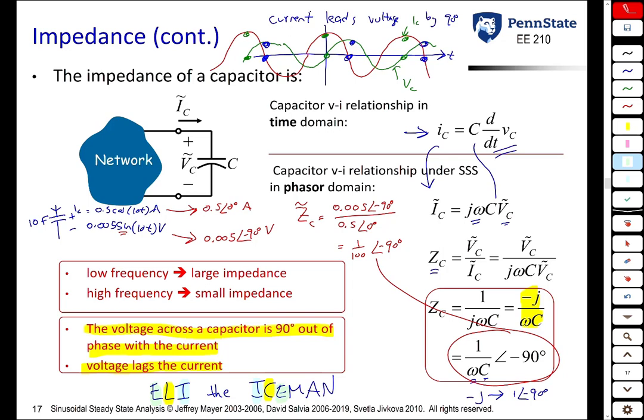So ELI the ICEman is a nice simple way to remember what comes first, the current or the voltage. And of course, in a resistor, the voltage and current are always in phase.